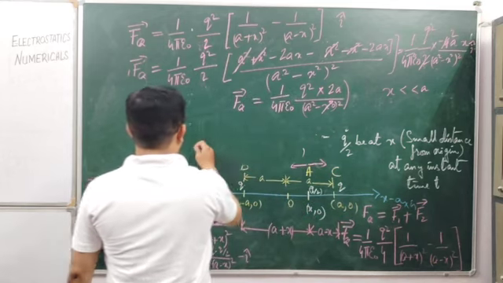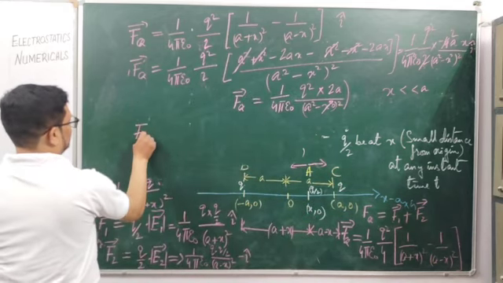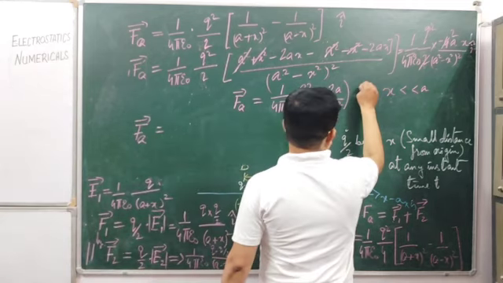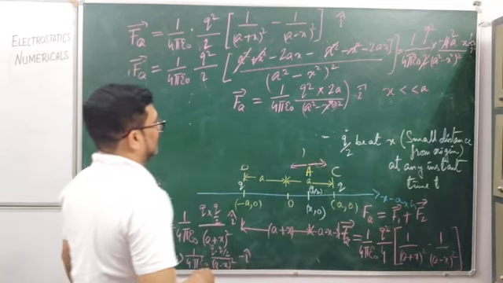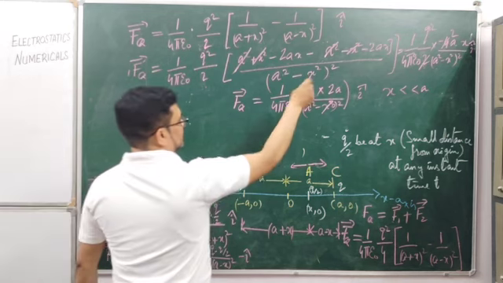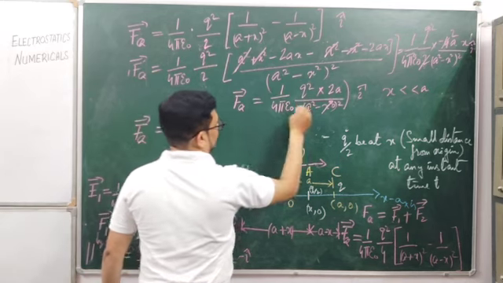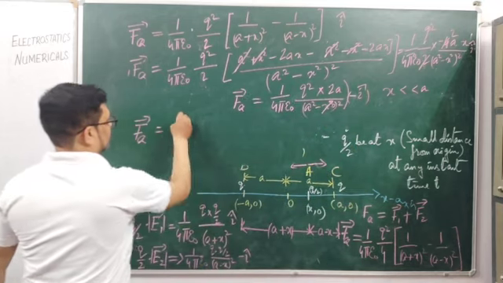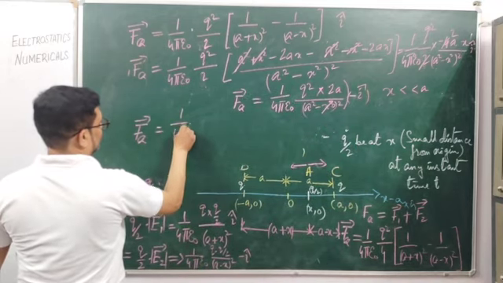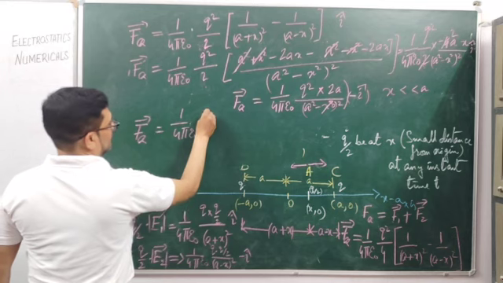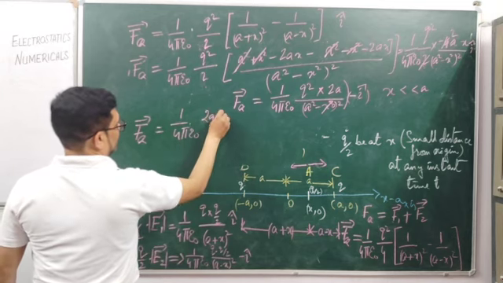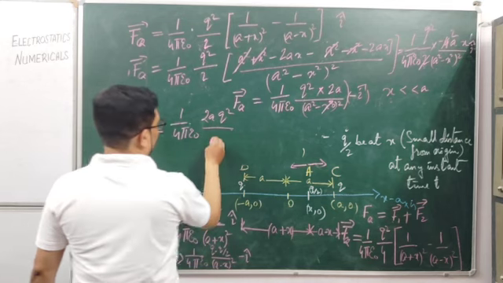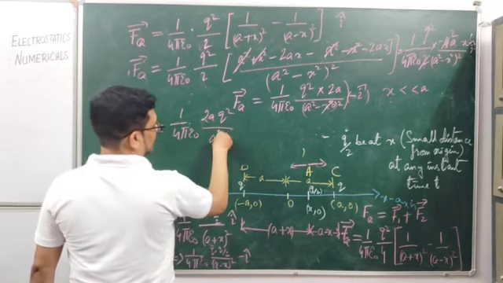So if you do this, our equation gets reduced to Fq equal to, now this is i cap, all right, and this negative comes, so we are putting it in here, the negative i cap. Now it comes out to be 1 over 4 pi epsilon naught, 2a q squared divided by a raised to the power 4.